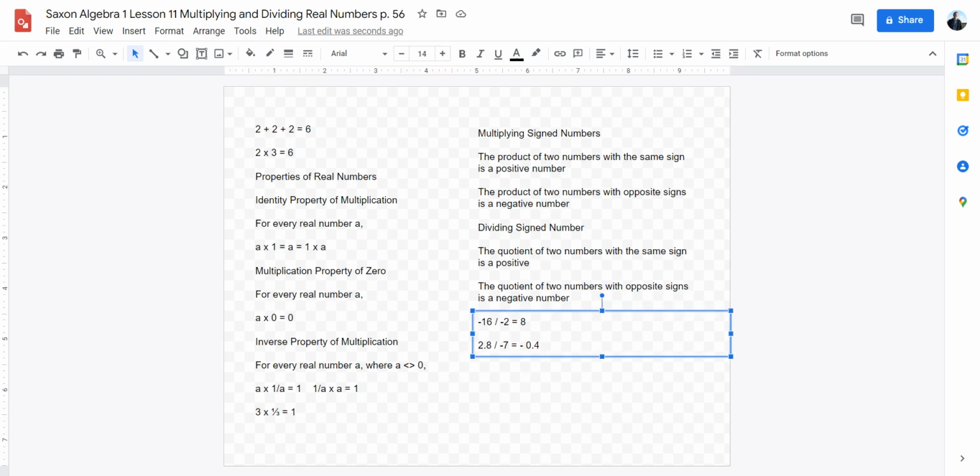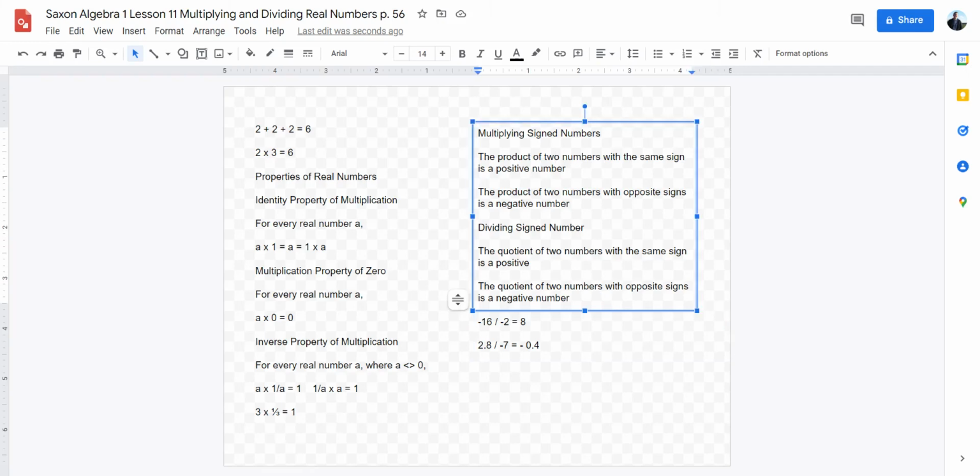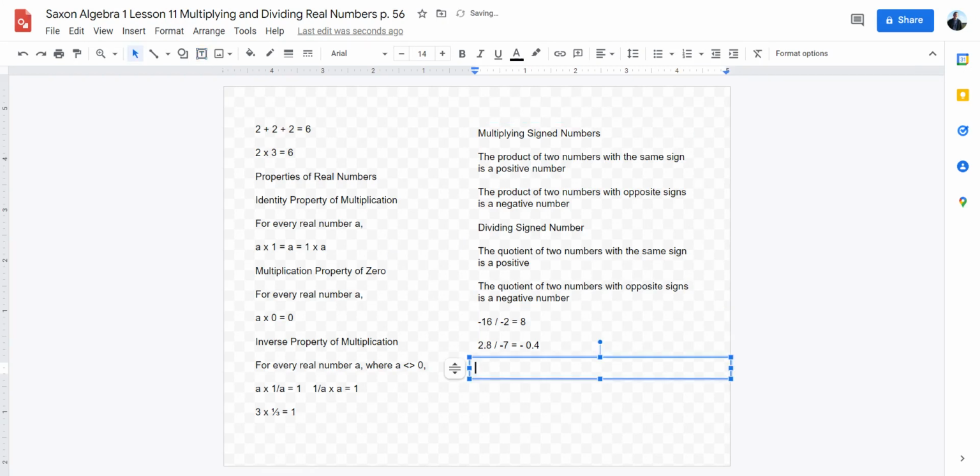All right, one last little piece to our lesson here. This has been kind of a longer lesson, but it's important to note this too as we multiply and divide numbers. Anytime we divide numbers, dividing is the same as multiplying by the reciprocal. We talked about that earlier in the lesson, when we were talking about the inverse property of multiplication.